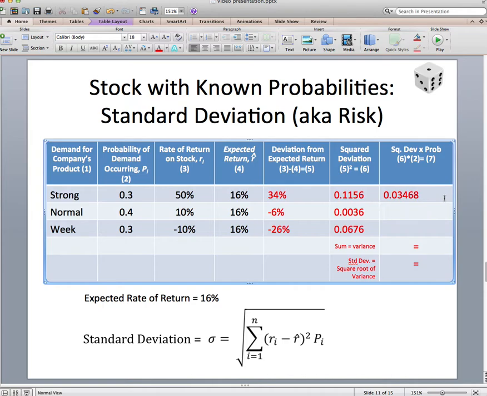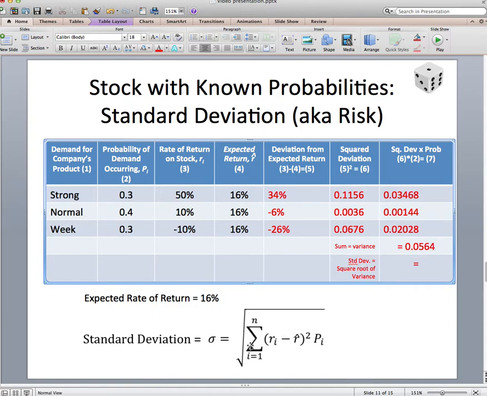0.03468, 0.00144, 0.02028. Then we sum them all up, each of these cases, to get the variance, which is 0.0564.